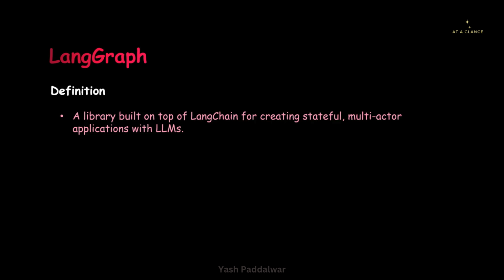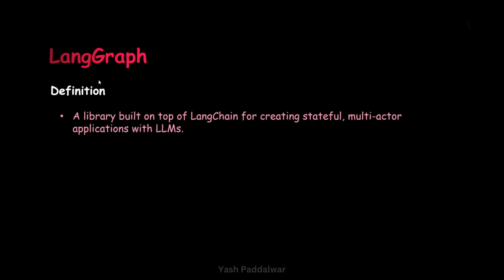Very heavy words are used in here: stateful and multi-actor applications. We will be looking into it in the further slides. But for now, just remember that it's a library which is built on top of LangChain, which is used for creating stateful and multi-actor applications with the help of large language models.